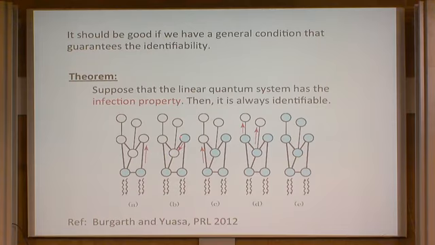These two are not unique to this one, right? Next, this one is uniquely coupled to the infected one, so this one can become infected. Repeating this procedure, the whole network becomes infected. Then we say the system has an infection property.